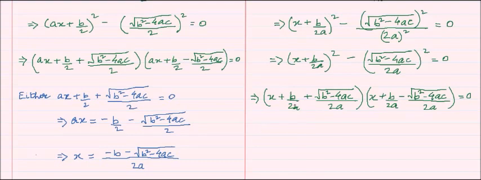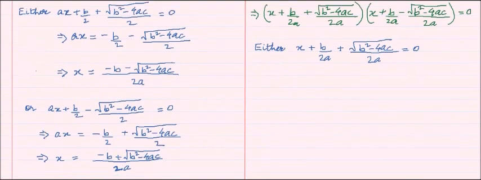So either this part is equal to 0 or this part is equal to 0. So let us first of all take this part to be equal to 0. So either x plus b by 2a plus under root b square minus 4ac by 2a is equal to 0.